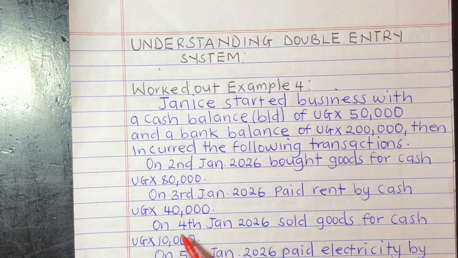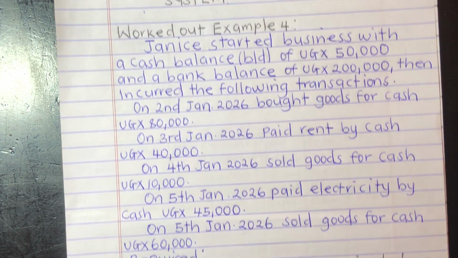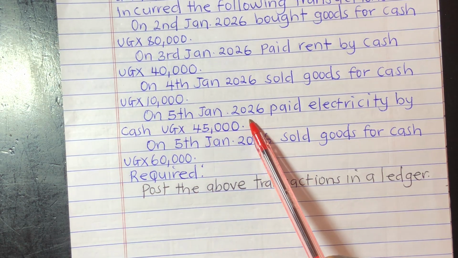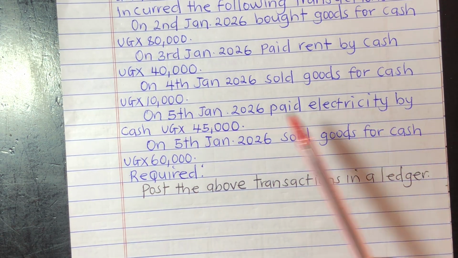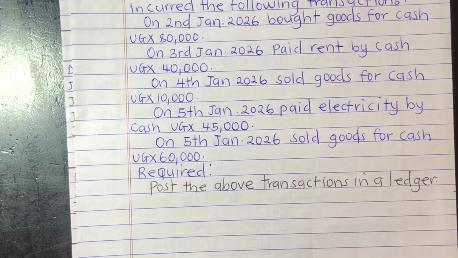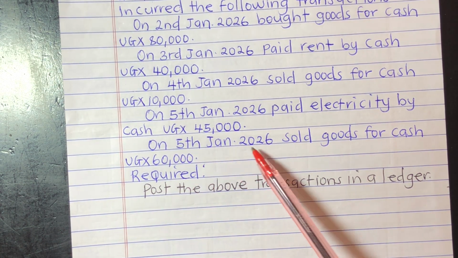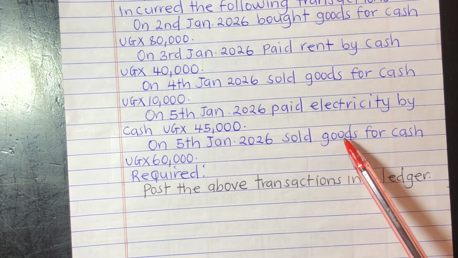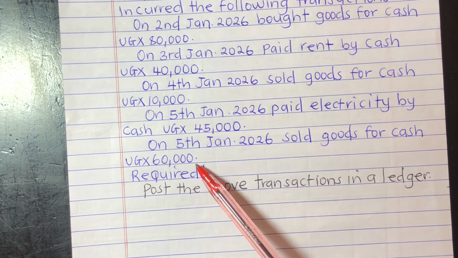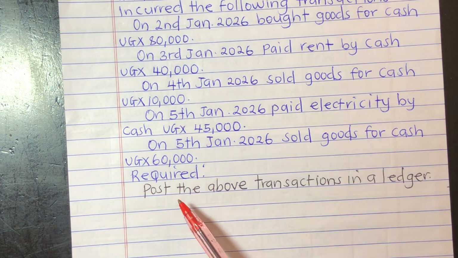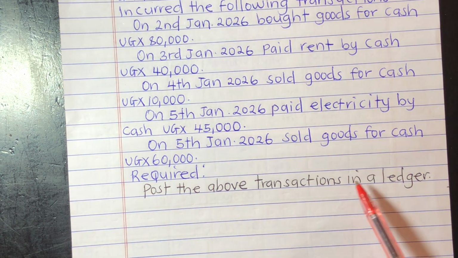And then on 4th January 2026, sold goods for cash UGX 10,000. Then on 5th January 2026, paid electricity by cash UGX 45,000. Then on 5th January 2026, sold goods for cash UGX 60,000. Then our question goes, required: post the above transactions in a ledger.